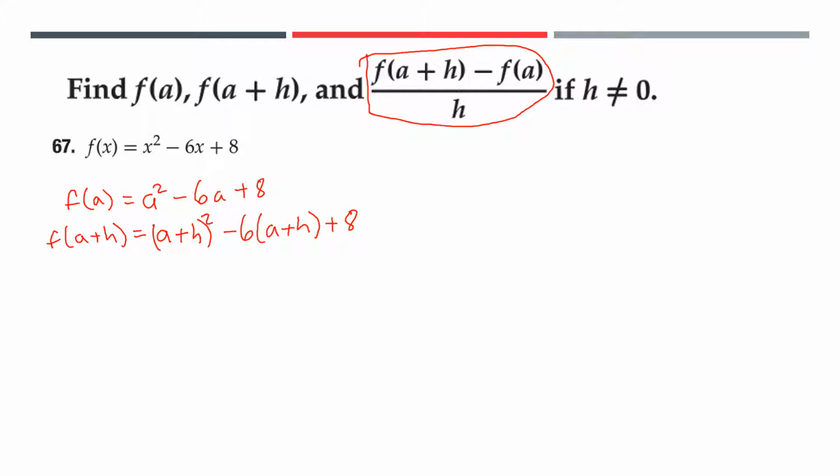So now I need to FOIL this. When you FOIL it, you will get a squared plus 2ah plus h squared minus, now I'm going to distribute my 6, so I get 6a minus 6h plus 8.